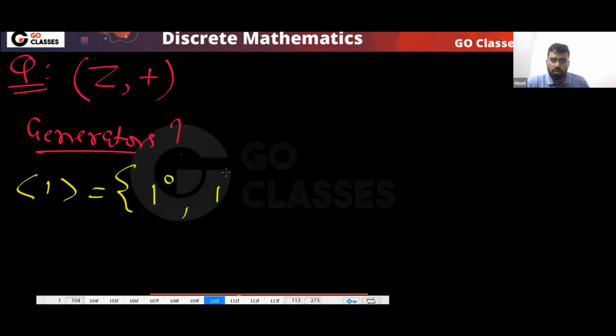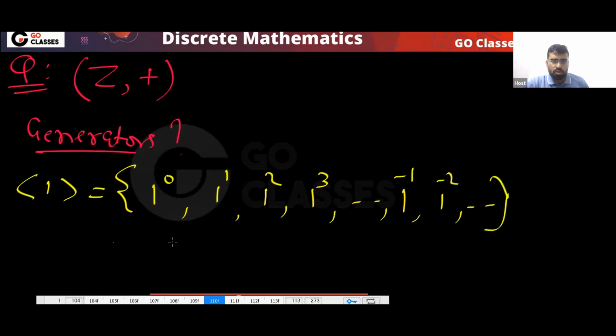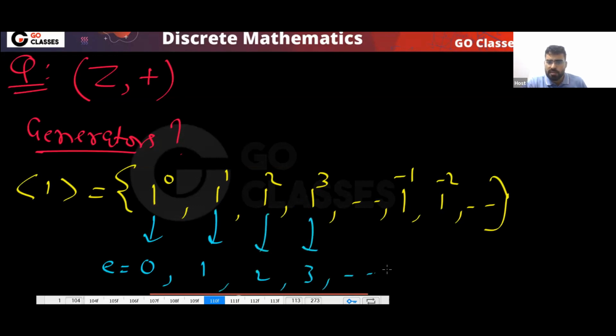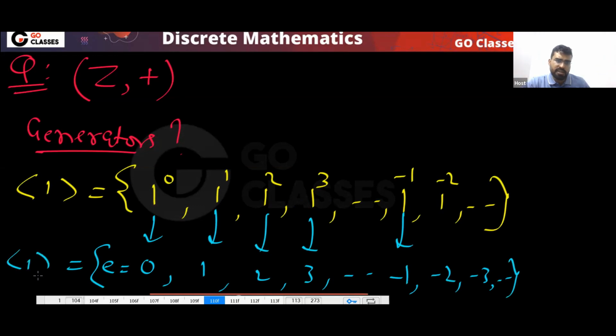That will be 1 power 0, 1 power 1, 1 power 2, 1 power 3, and 1 inverse, 1 power minus 2, and so on. 1 power 0 is the identity element, 1 power 1 is 1, 1 power 2 is 2, 1 power 3 is 3, 1 power minus 1 is minus 1, minus 2, minus 3. Can you notice that 1 can generate the whole? So what are the generators? 1 and minus 1. 1 is also a generator, minus 1 is also a generator.